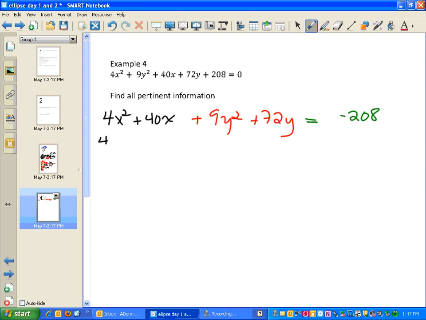Now, if I pull the 4, and I'm just talking about my x's, wouldn't you agree I'm left with x squared plus 10x, because I'm completing the square. So I need to have an x squared and an x, right, Rachel? And what would I pull out for this next one? Yes.